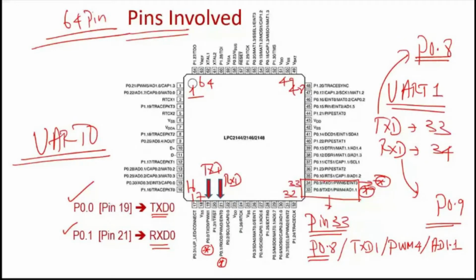So if you are planning to perform any other function other than GPIO function, you have to definitely tell the microcontroller that I am planning to use some other special function for that particular pin. I am no longer using the default function. Only in that case the microcontroller will do that specific function. Otherwise it won't. That is the difference between 8051 and LPC2148.